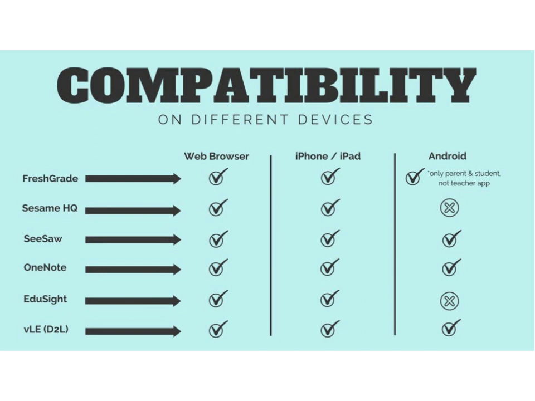And then students have an app as well, and parents, and they can log in on the web, but they have the iPhone and the Android for the student and parent. To my knowledge, at this point, there isn't a teacher app for the Android yet. So if you're a teacher who uses an Android phone and has no other mobile device for capturing things on the fly, then you would have to take those photos from your phone and get them onto your computer to upload. Just something to keep in mind.